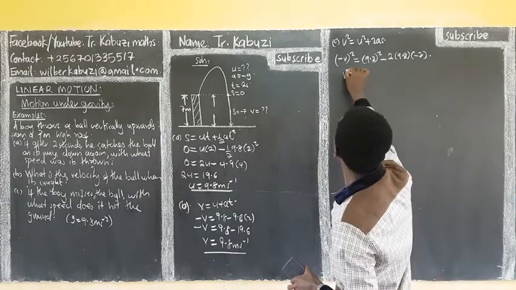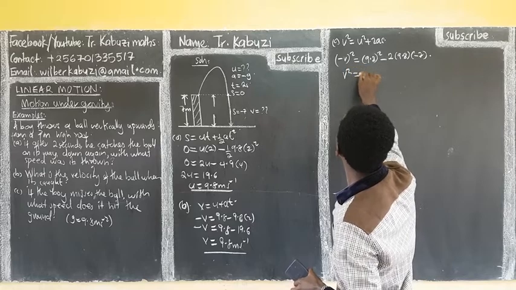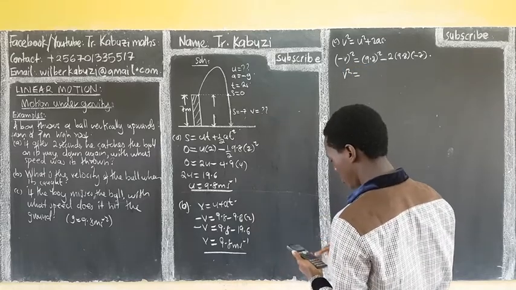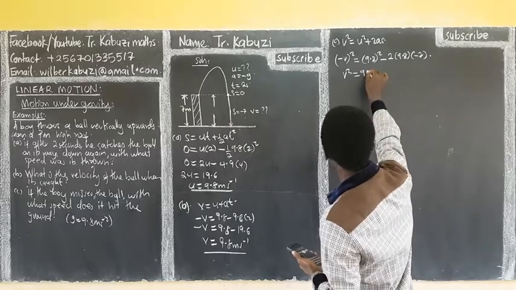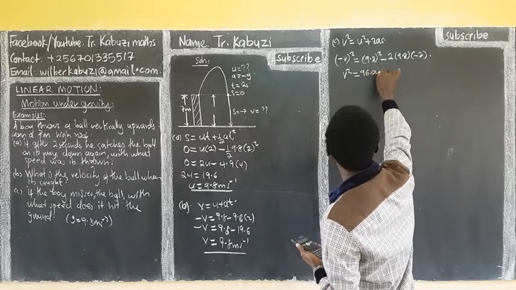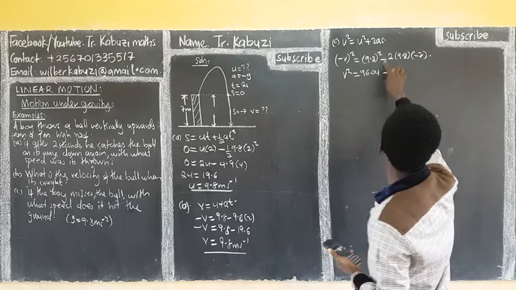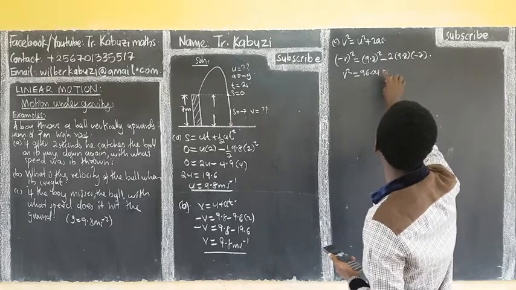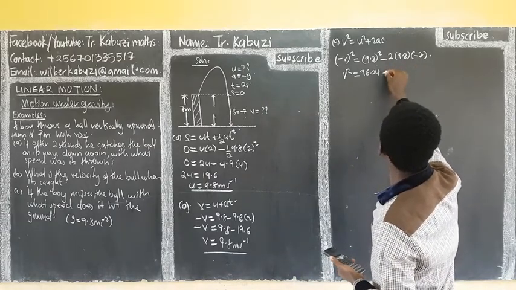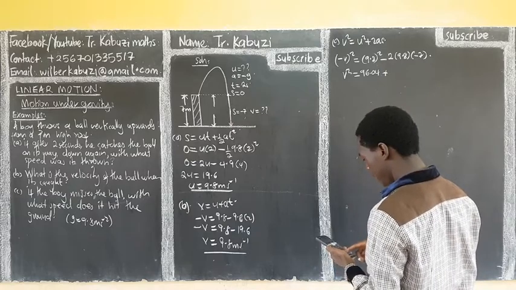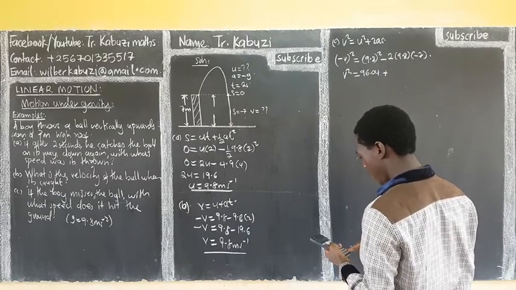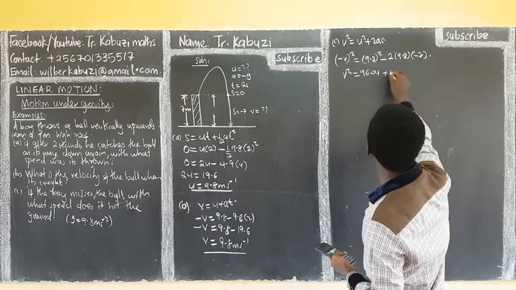Okay, so what do we have here? We have v squared equal to 9.8 squared, this is 96.04. Then this minus and this minus is going to give us a positive. So we have 14 times 9.8, which is 137.2.